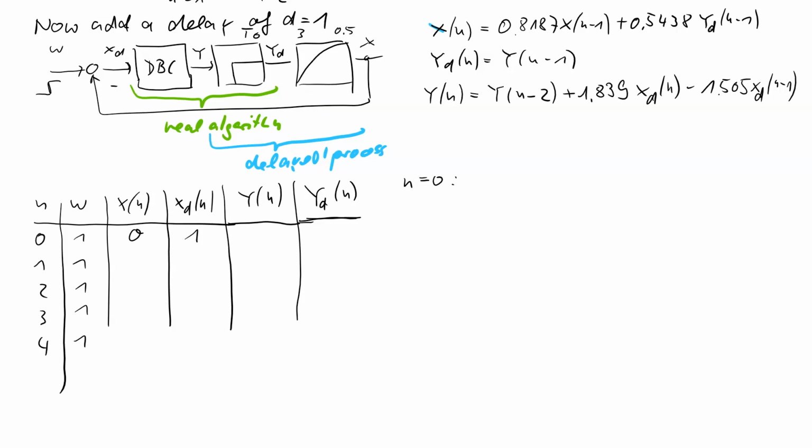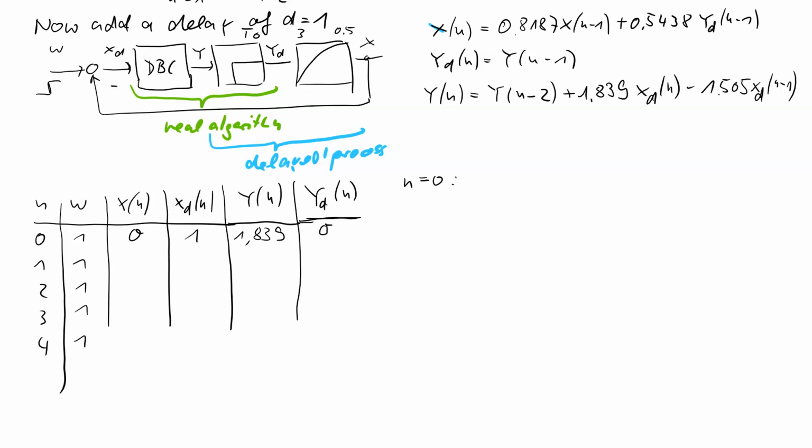Here's 0, and the step function goes directly through the summing point to the input of the deadbeat controller. y of n is now 1.839 times 1, so this is unchanged 1.839, and the one delayed output is of course 0.